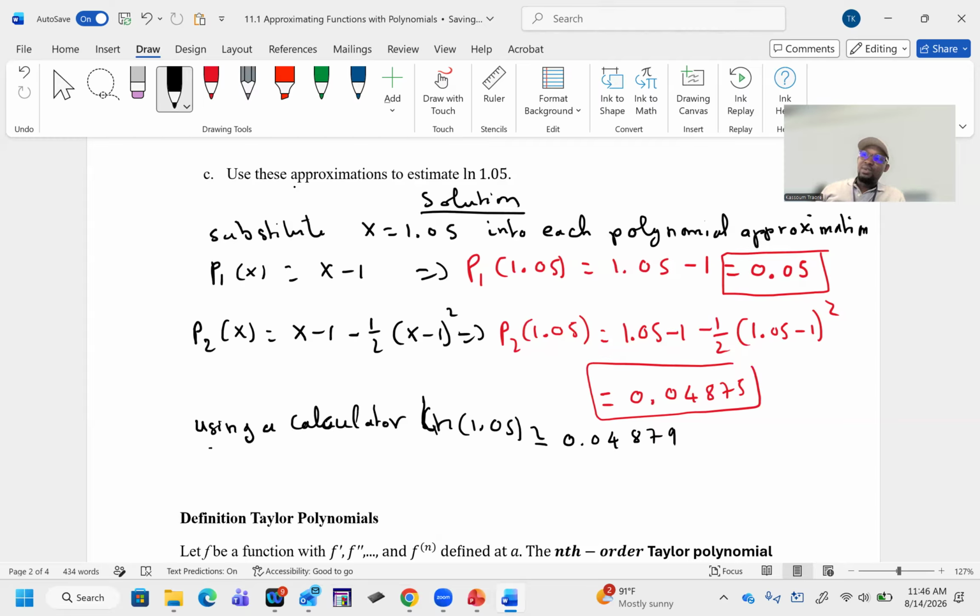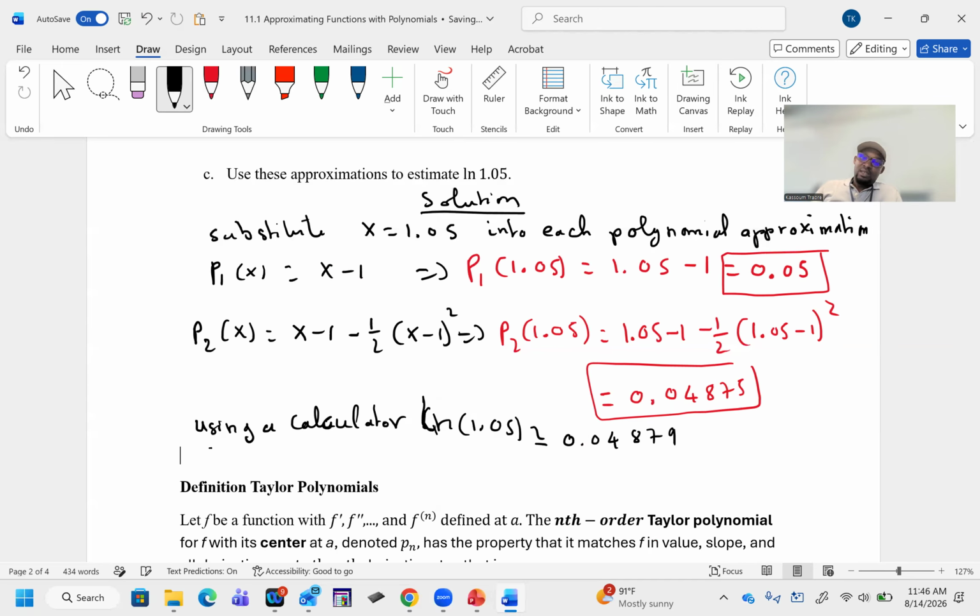So the quadratic approximation is closer than the linear one in this case, right? So let's move to the definition of Taylor polynomial.